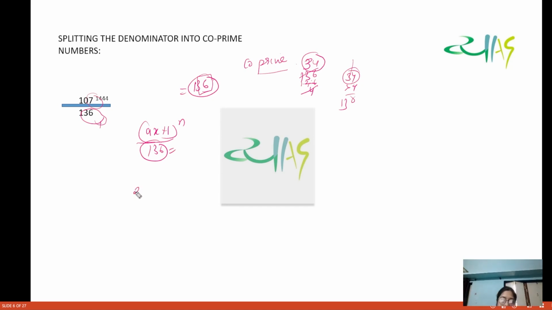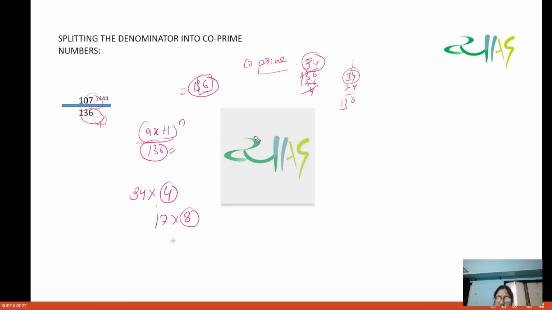So you have two factors, 34 and 4 here. You have 34 into 4, and if you want, you can take it as 17 into 8. That will also work for you. So you can do it either way.